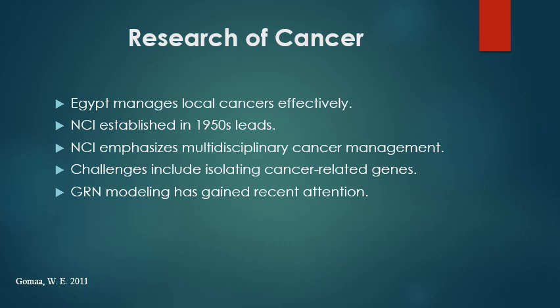It's amplified by the establishment of the National Cancer Institute in the 1950s. As Egypt's largest comprehensive cancer center, the National Cancer Institute champions a multidisciplinary approach to cancer management. They emphasize collaboration among treatment modalities.